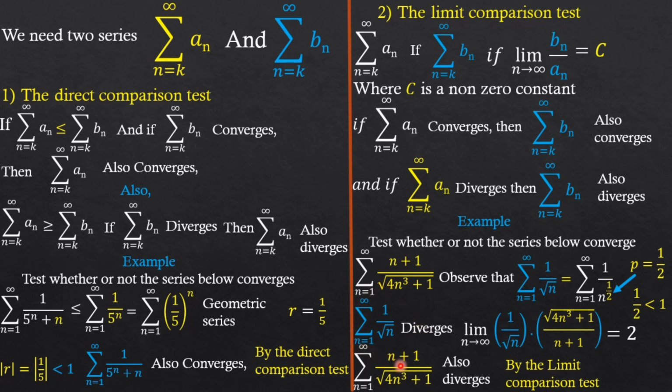So now, if this series diverges and the limit of one series divided by another series has given us a finite value, it therefore means that the series from n equals 1 to infinity of (n plus 1) over the square root of 4n cubed plus 1 also has to diverge. And this is so by the limit comparison test. Great.